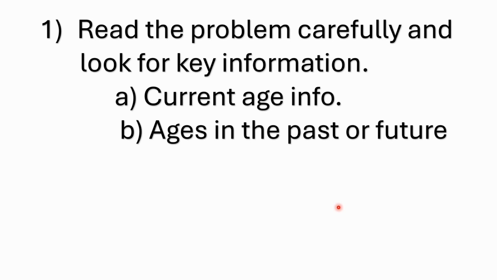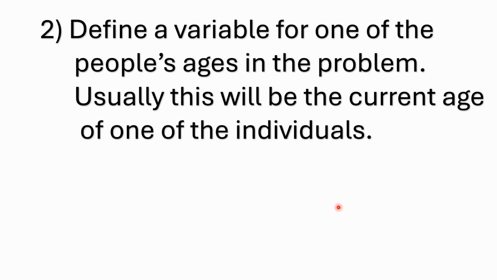For example, you want to find where in the word problem they're talking about the current age, any information related to the current age of the individuals, and look for information regarding their ages in the past or the future. Sometimes they'll say, oh, 10 years ago, so and so was this many times older, or 20 years from now, so and so will be 7 times as old as so and so. That kind of thing. You want to look for that and note it.